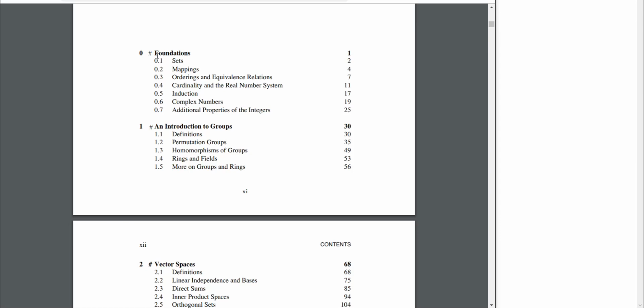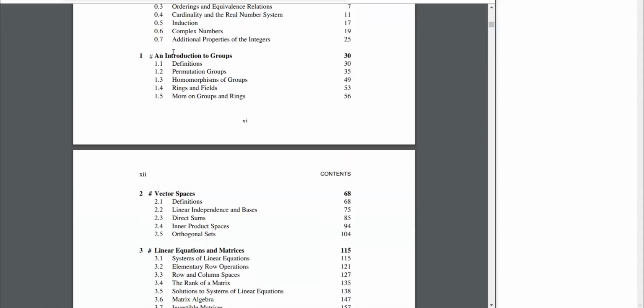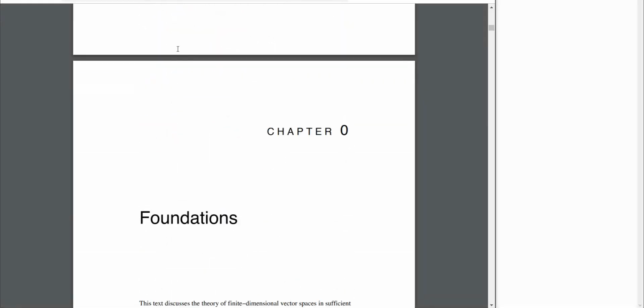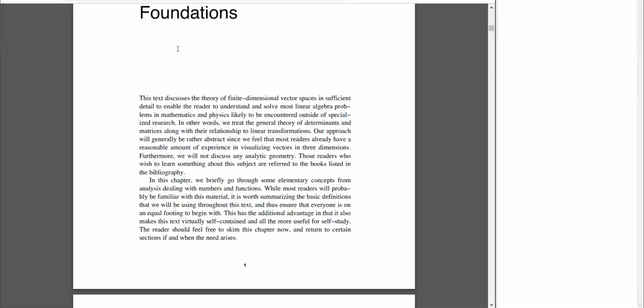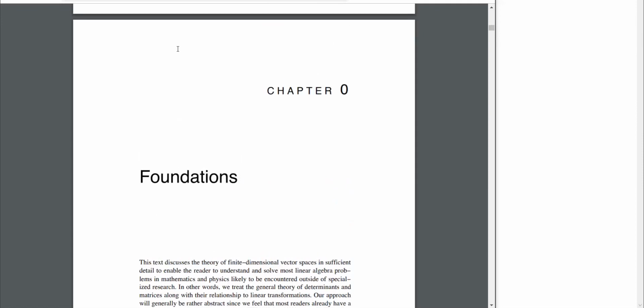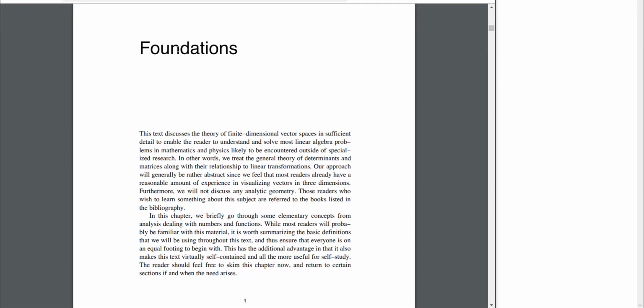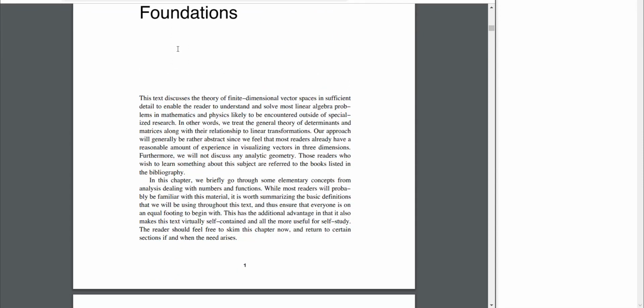So let's jump to the first chapter, chapter 0. I like how they gave the number 0 to the chapter. It starts with the foundations. Finite dimensional vector spaces in sufficient detail to understand and solve most linear algebra problems in mathematics and physics likely to be encountered outside of specialized research.